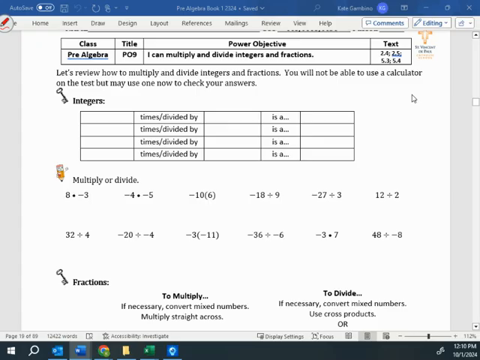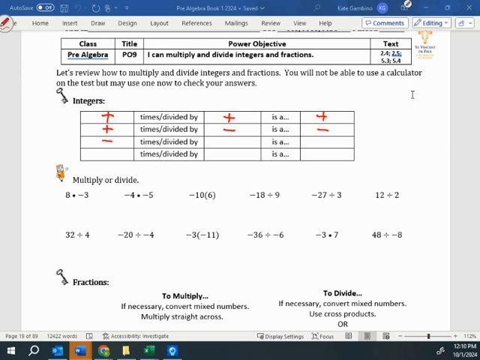So, if we have a positive sign that's being multiplied or divided by a positive sign, our answer will be a positive. If we have a positive sign that's multiplied or divided by a negative sign, our answer will be a negative.